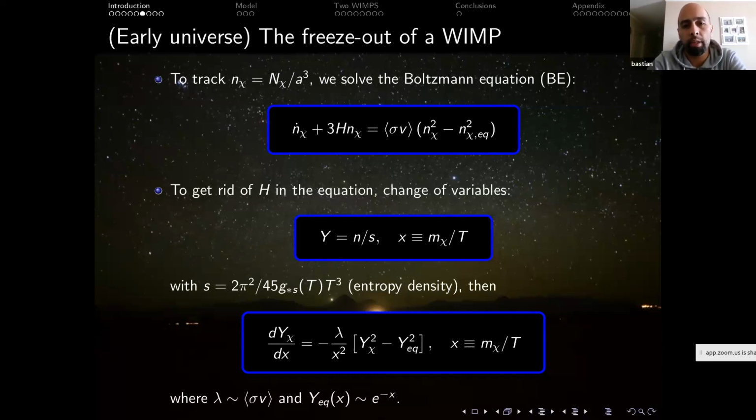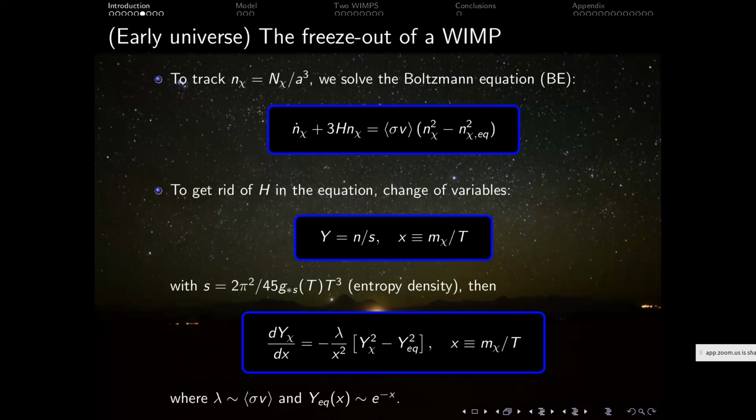The second term involves this Hubble expansion that dilutes the number density of your dark matter particle. And on the right side, you have the interactions, or the annihilations and creation of your dark matter particles in the plasma. But normally, in order to get rid of this Hubble expansion, we introduce two variables, actually one, just the first one, but the second is useful in order to understand the relevant process in the era of the decoupling.